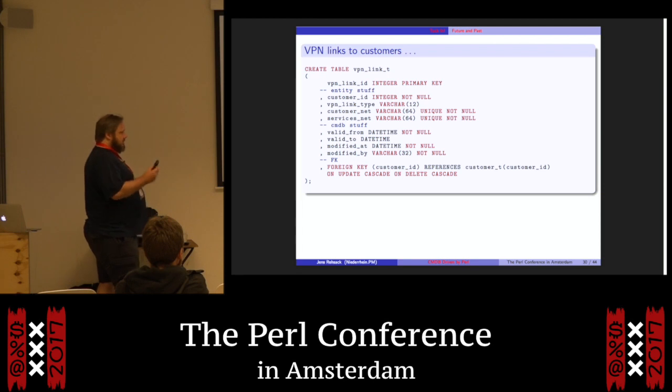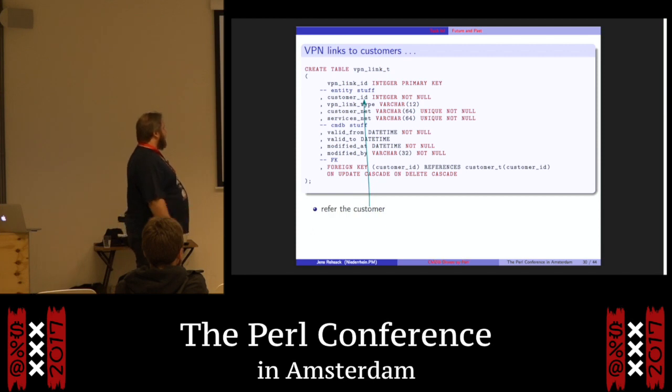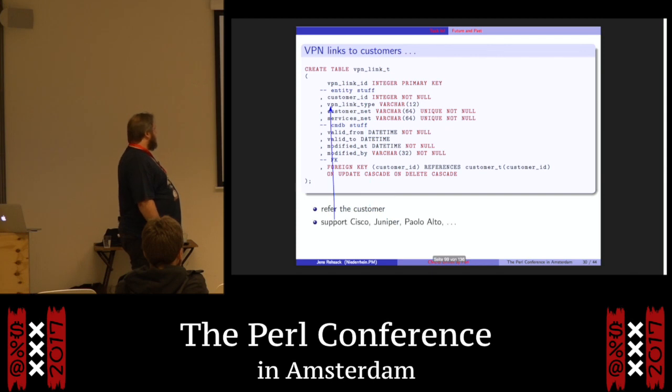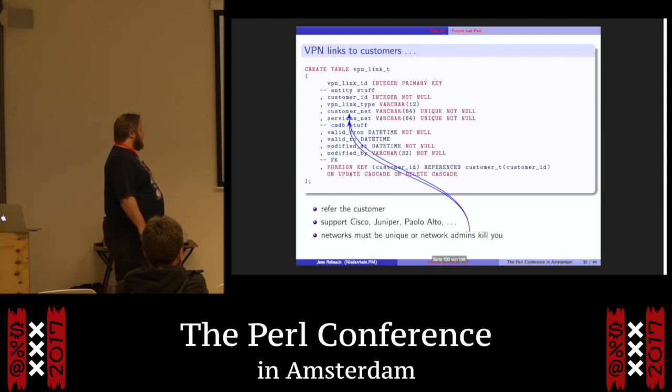Same for a relationship, for example for VPN stuff. We have the identifier, the relationship, several VPN devices to support, and unique networks connected via VPN.